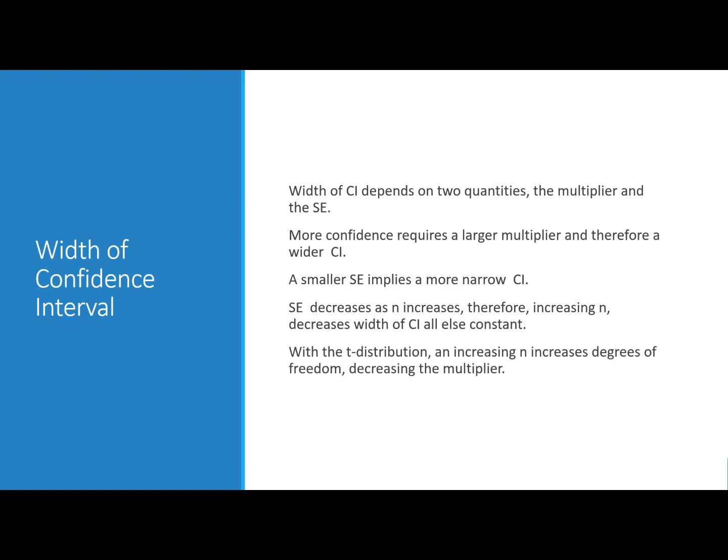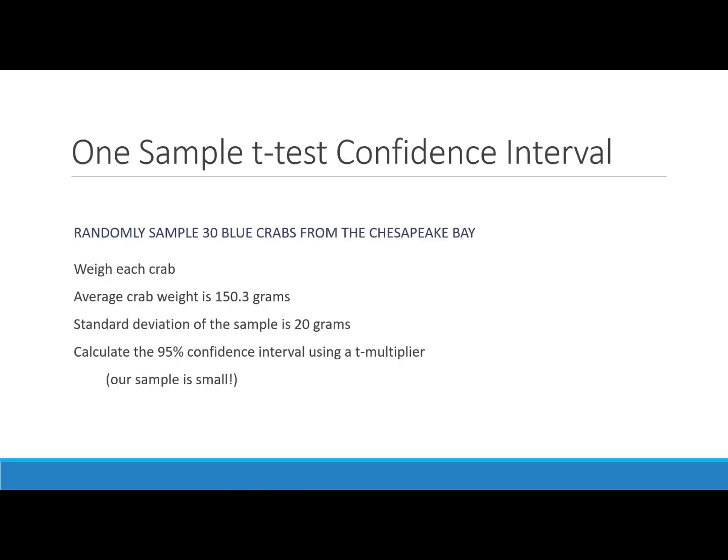Therefore, increasing n decreases the width of confidence intervals, all else constant. And with the t-distribution, an increasing n increases degrees of freedom, decreasing the multiplier. Again, we use the t-distribution when we do not know the standard deviation of the population, and we use s, or the standard deviation of the sample.